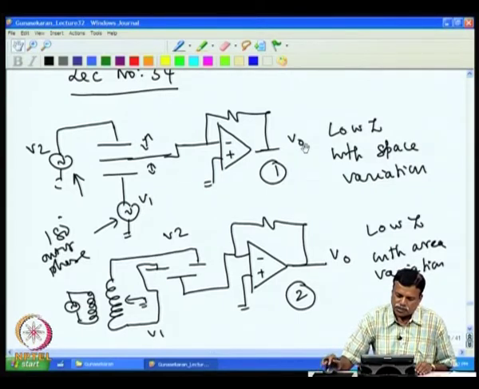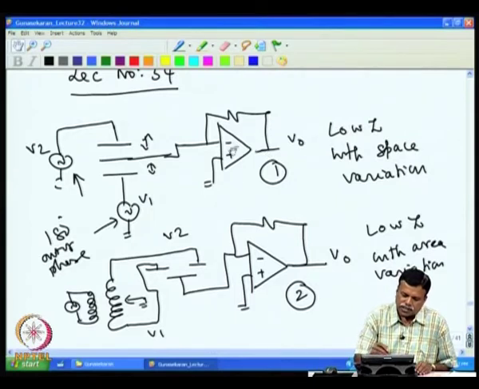that low Z with the spacing variation gives an output voltage, and through these resistances R the current is delivered by this and the current delivered by this.